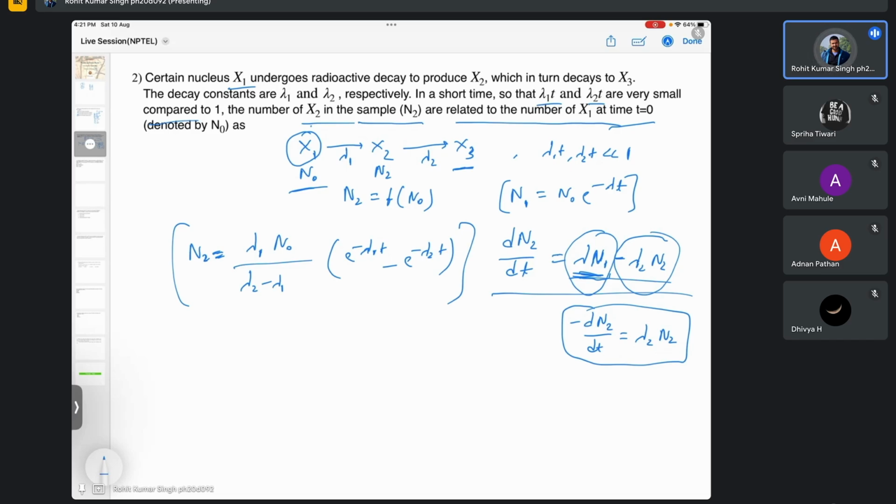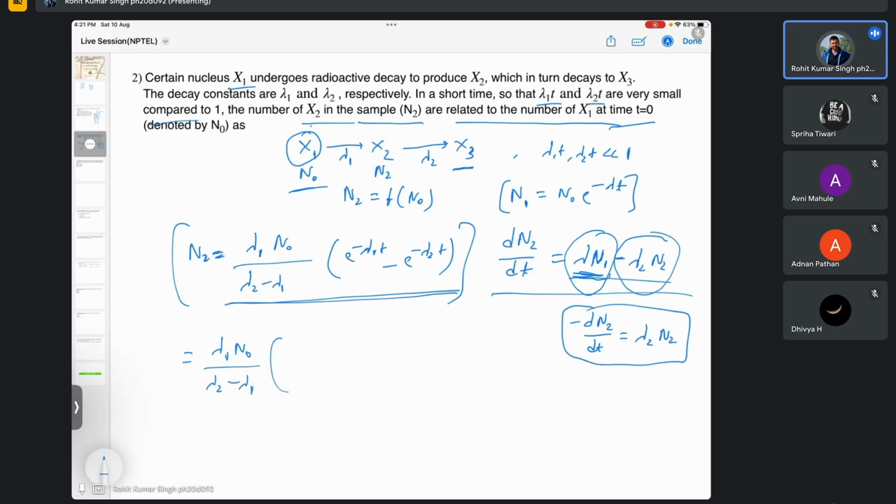This is basically the expression that we have, but we can further reduce it because there is a condition given: lambda 1 t and lambda 2 t are very small compared to 1. So let's use that, and let's write this again.